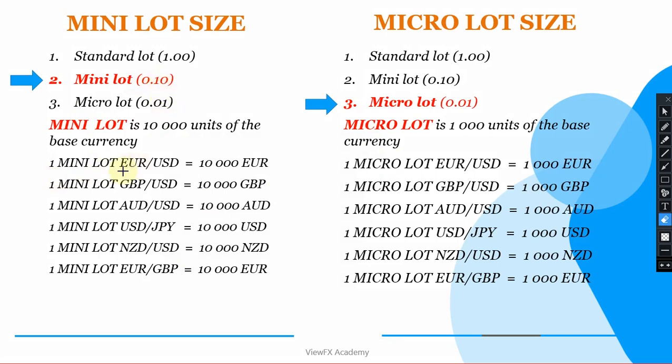So 1 mini lot means 10,000 units of euro, and also 10,000 units of any base currency associated here. And the micro lot size, which is 0.01. So 1 micro lot of Euro USD is 1,000 units of euro, or any other base currency associated with the currency pair.